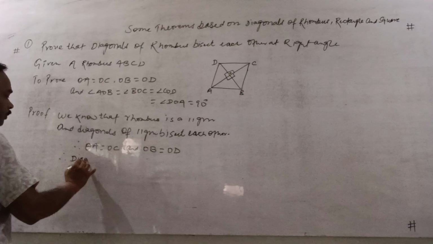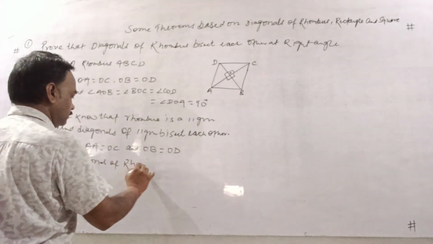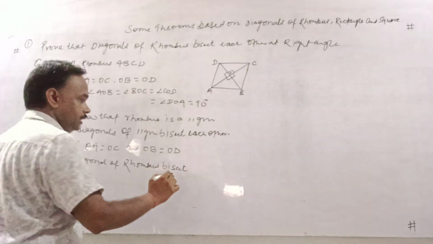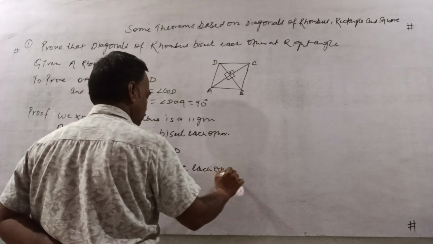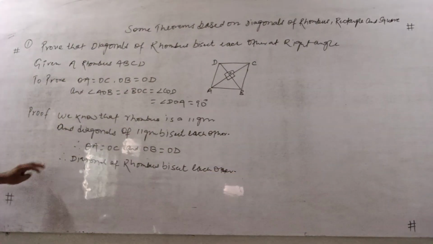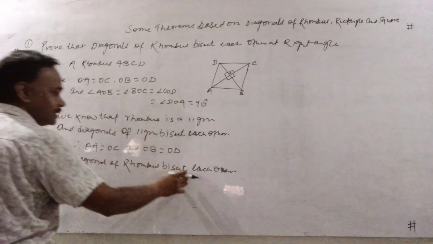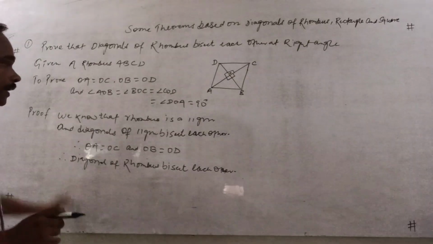Therefore, diagonals of rhombus bisect each other. And now we have to prove they bisect each other at right angle.